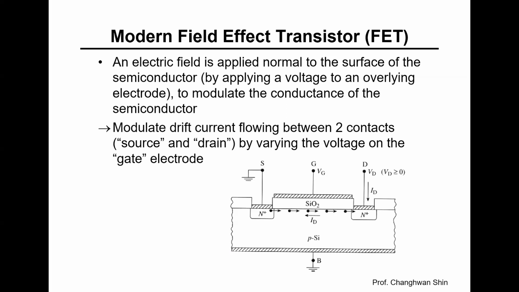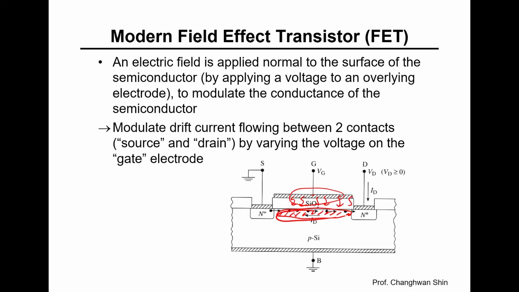We apply an electric field from outside the semiconductor. Take a look at here. We are going to apply electric field from the top gate electrode, from outside of the semiconductor. Here is the semiconductor, right? So from outside the semiconductor, using a vertically directed electric field, we can control the current flow inside the semiconductor, right?